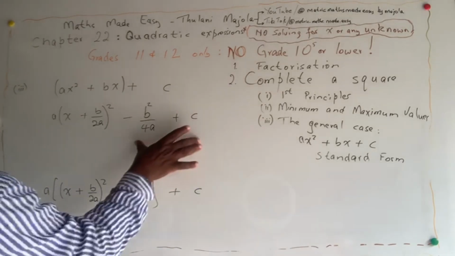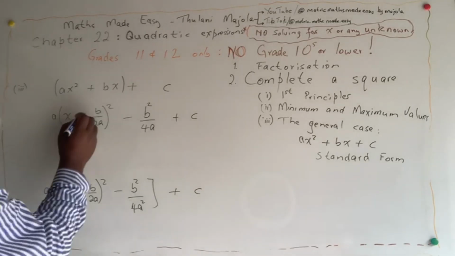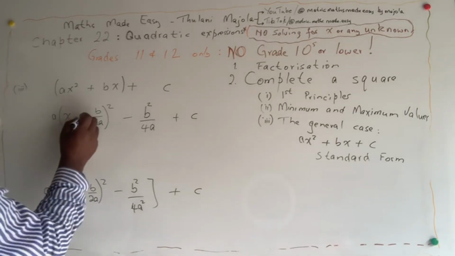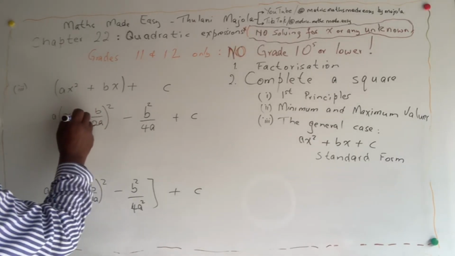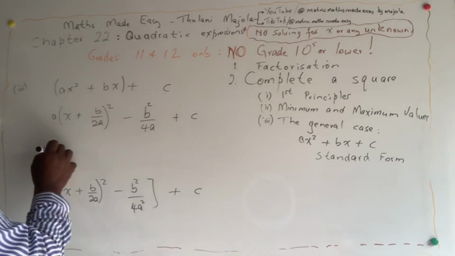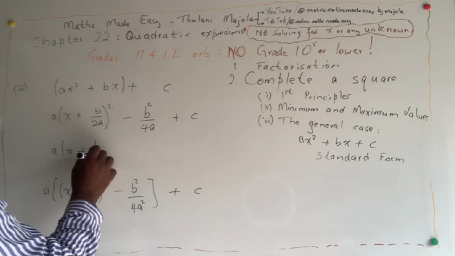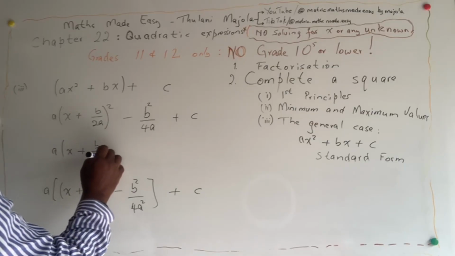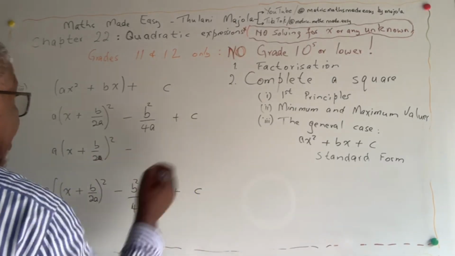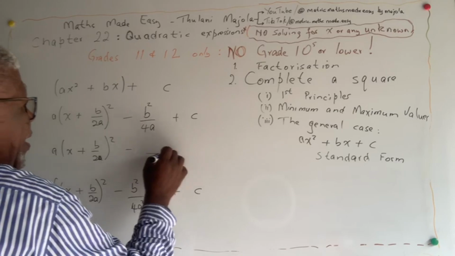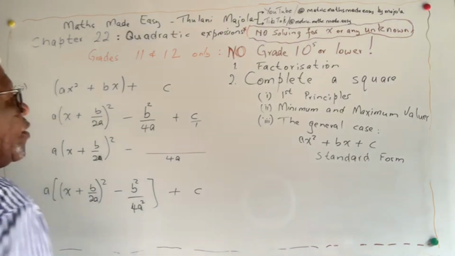And then now we just need to make this one term, common denominator and everything like that. So you've got your a, open brackets x plus b over 2a, squared, minus. Here we've got a common denominator of 4a times c over 1 times 1.